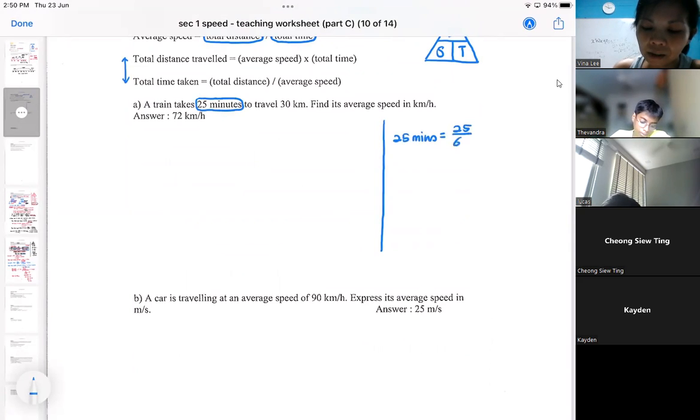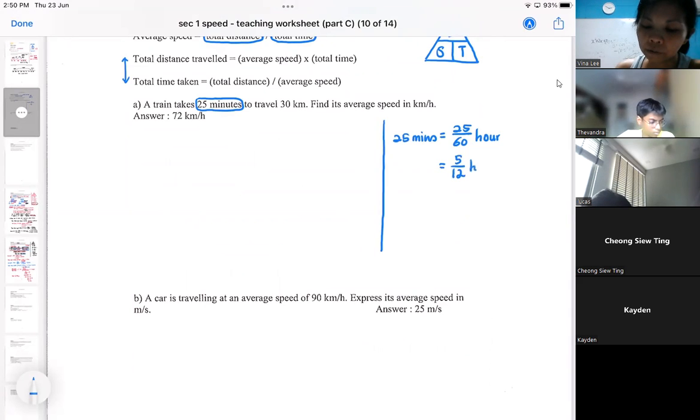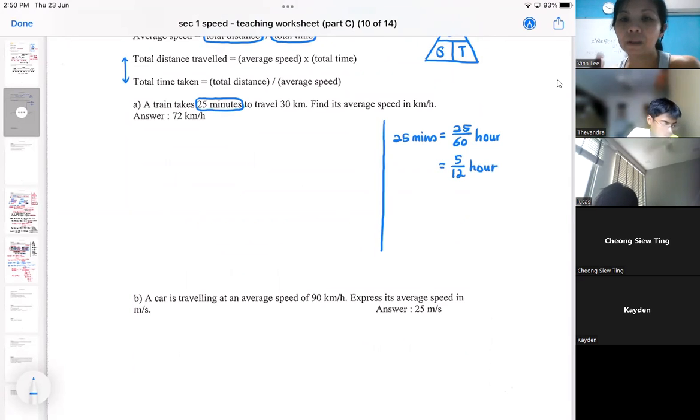So you must be sensitive to all this. You must be sensitive to the units. So that's why the idea of the information column is to make you aware of the units. So you can do any conversion in the information column.